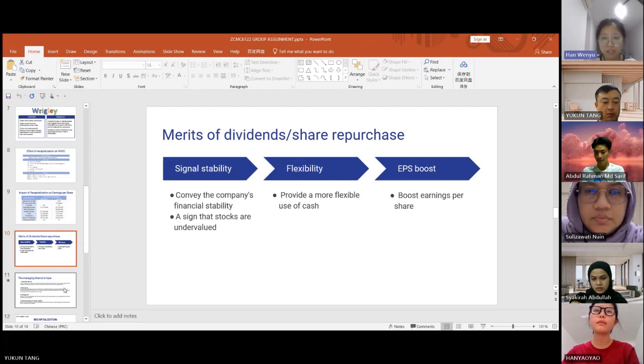It means WRIGLEY has sufficient profitability to support dividend payments and share buybacks. At the same time, share buybacks may be seen by the market as a sign that the company's shares are undervalued, which may boost investor confidence in the company's prospects and then attract more quality investors.